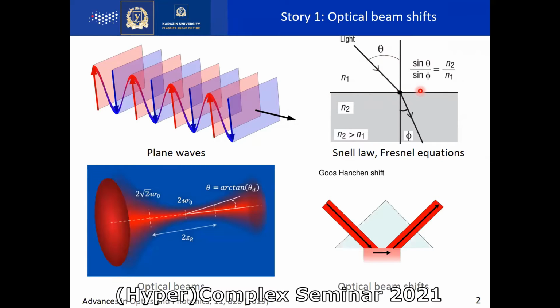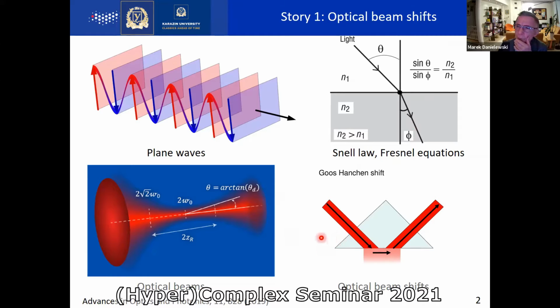However, in real life, we don't have plane waves. We have only optical beams, which are a set of plane waves with different propagating wave vectors, with different planes of incidence, with different polarizations. This conventional physics of Snell's law and Fresnel equations does not work in this case.